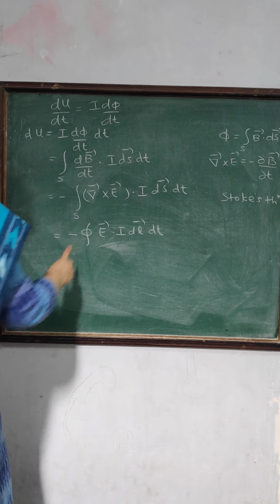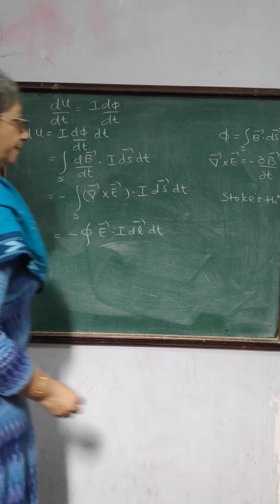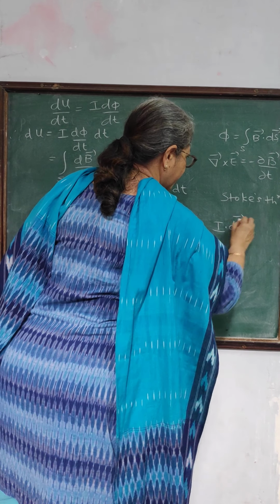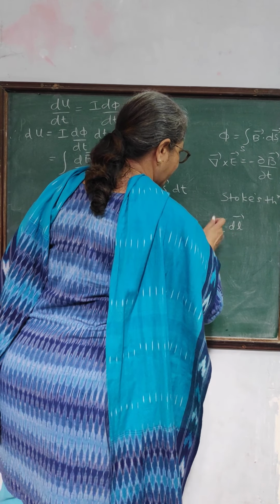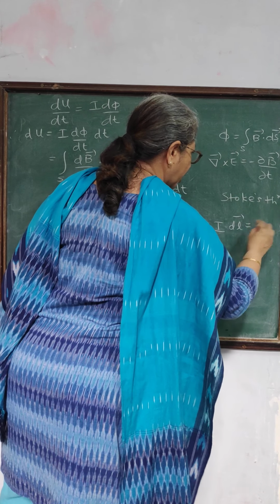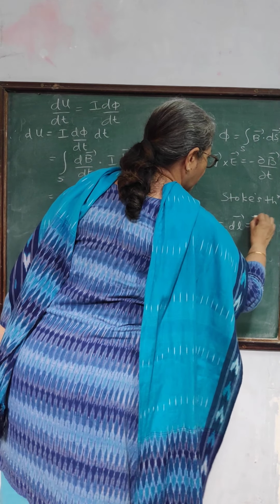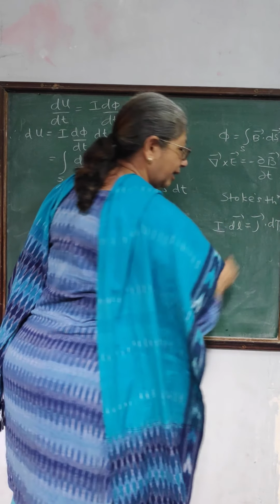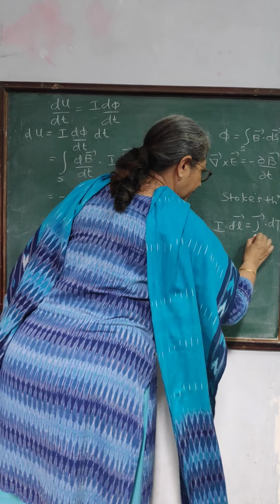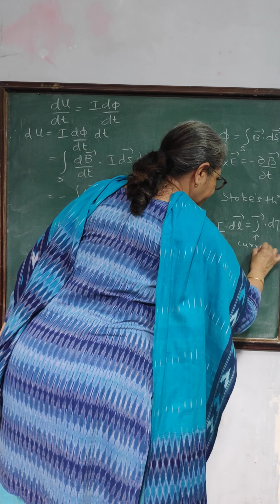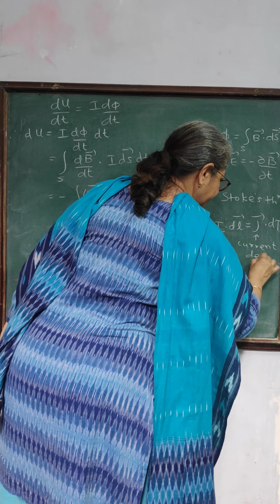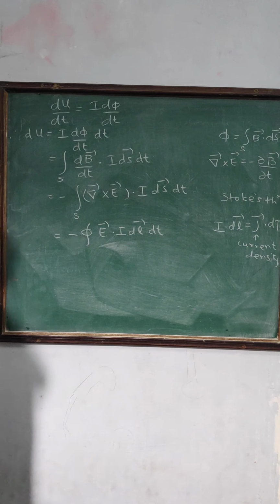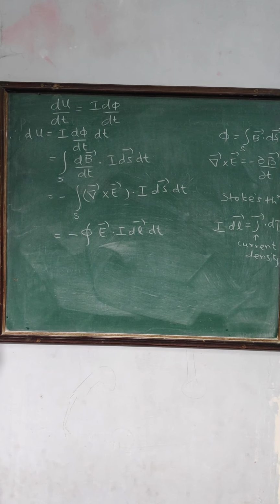Now this I dl we can write down. I is a constant, a scalar quantity. I dl is equal to J dot d tau, where J is the current density, whose dimensions are current per unit area.